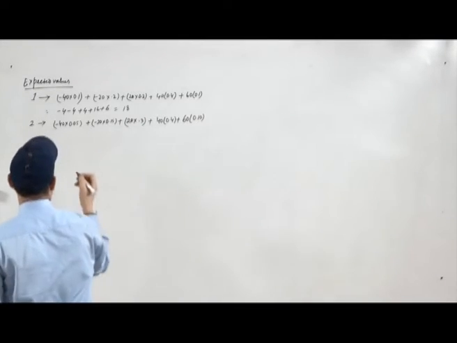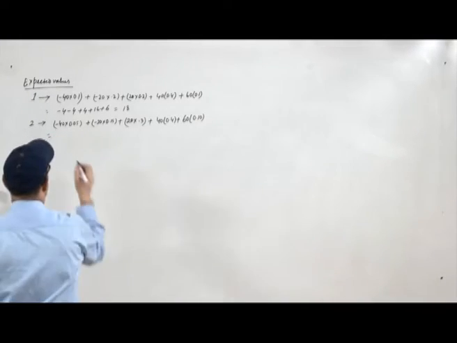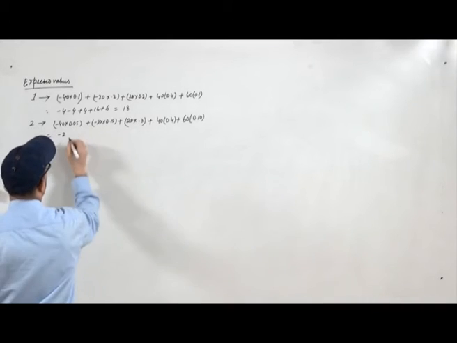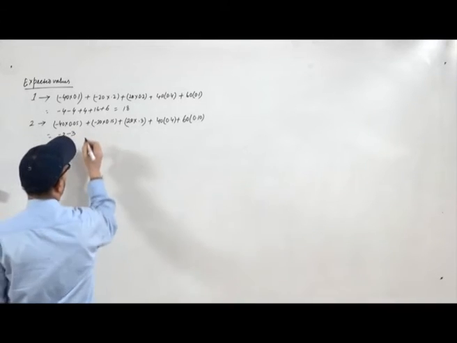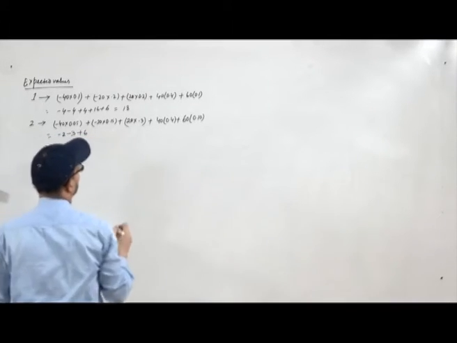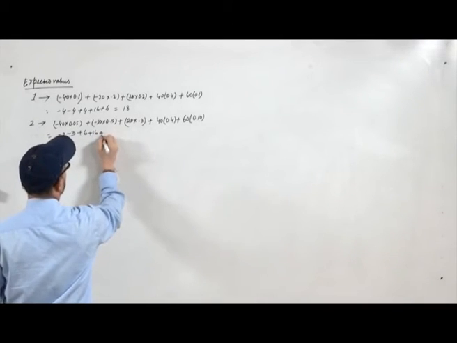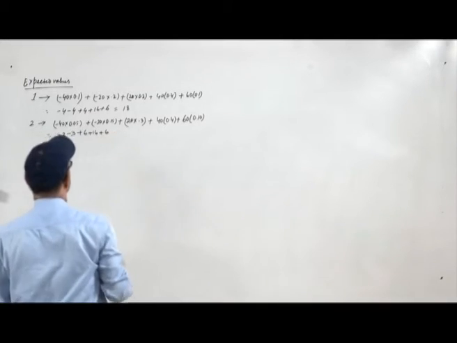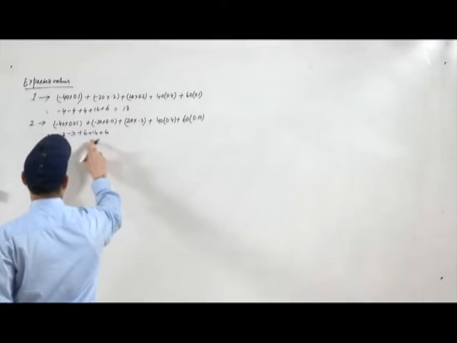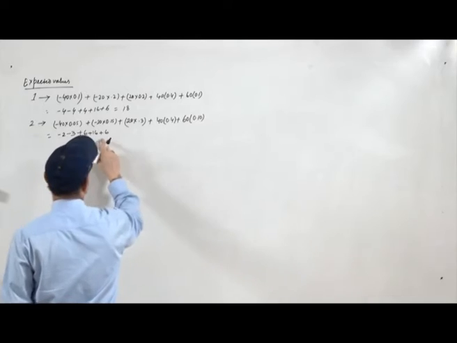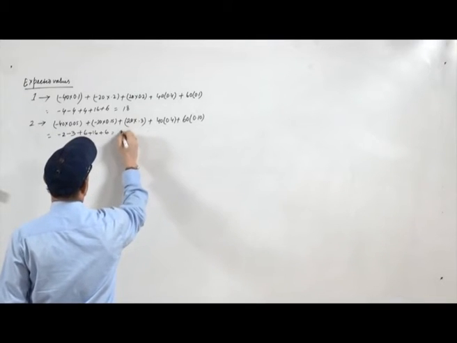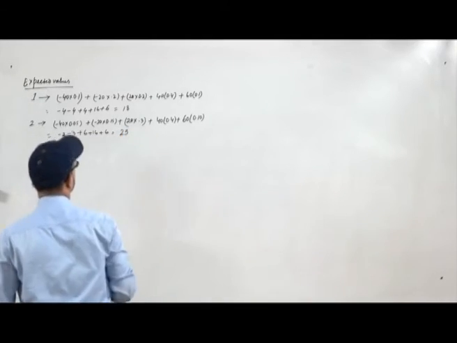So, you will get here as minus 2, minus 3, plus 6, plus 16, plus 6. So, 28 minus 5, that is 23.